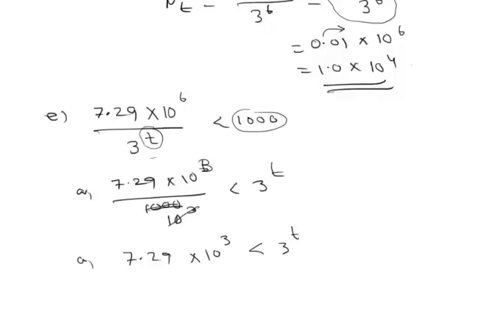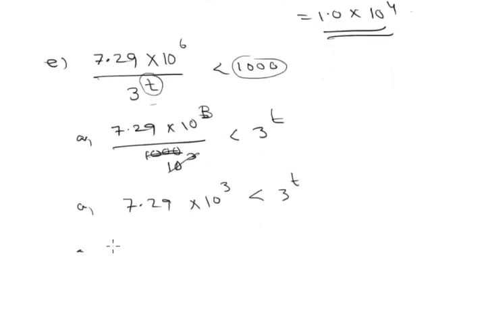Now to calculate this t, we need to take the logarithm. So log base 10 of 7.29 times 10 to the power 3 is less than log base 10 of 3 to the power t. So this t will come in front.